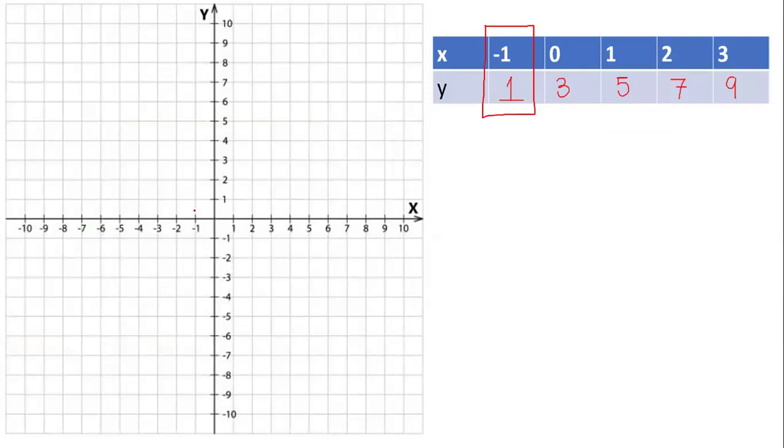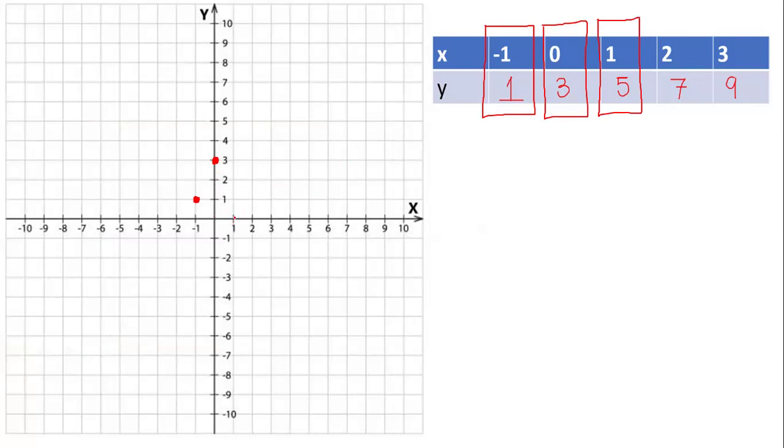Where do we plot -1 and 1? Right here. Then we have 0 and 3, that's gonna be right here. And then we can have 1 and 5.